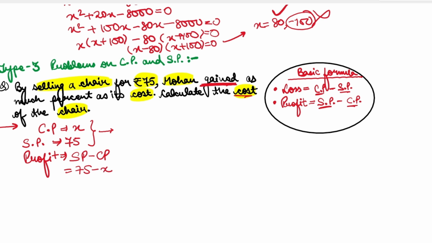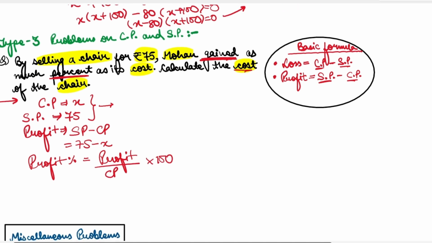Okay, now अब हमें क्वेश्चन पूछ रहा है कॉस्ट निकालना है. ठीक है, तो गेन एज मच परसेंट, परसेंट मीन्स वी नीड टू कैलकुलेट योर प्रॉफिट परसेंट. ओके, प्रॉफिट परसेंट इज नथिंग बट प्रॉफिट डिवाइडेड बाय सीपी इनटू 100. ओके, सो प्रॉफिट हमने निकाला है 75 माइनस x बाय सीपी हमें दिया हुआ है x इंटू 100 इज इक्वल टू x, correct?